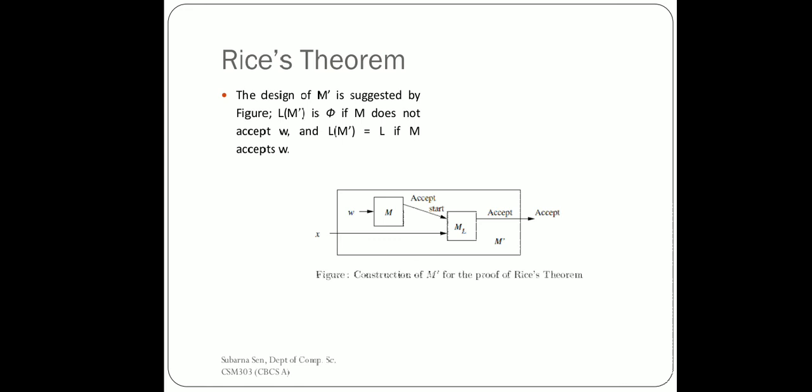Because you can see here, if W is fed to M and M is not accepting it, then M dashed will be phi if it does not accept. And if it accepts, that is if my M accepts W, then it will accept the language of M.